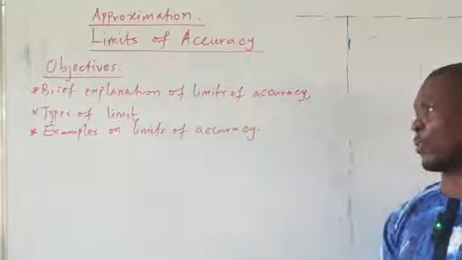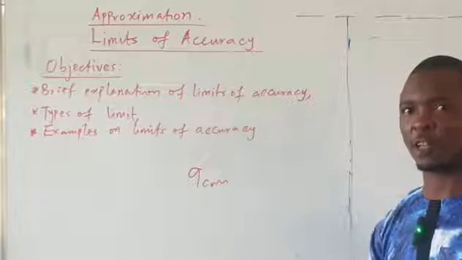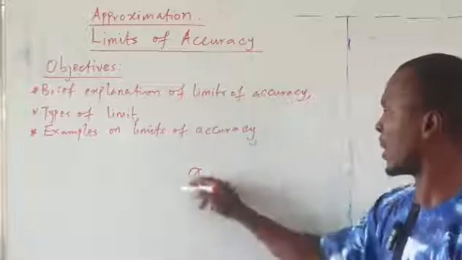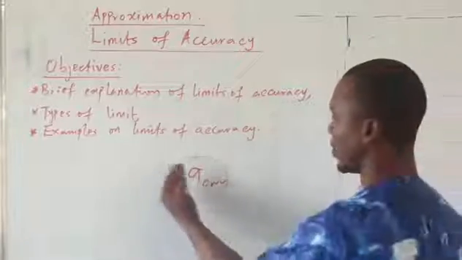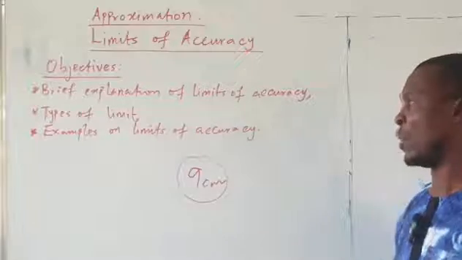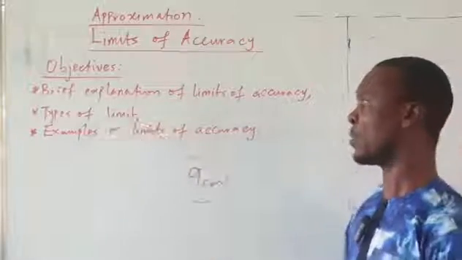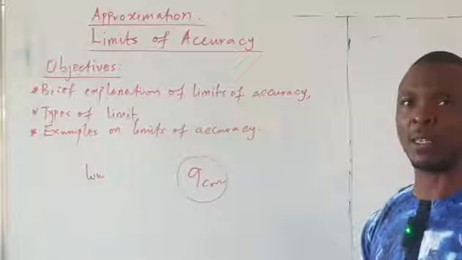As we know, if you are given 9 centimeter as a measurement of the length of a stick, this 9 centimeter is not the actual value. So we have the lower bound of the number, and we have the upper bound of the number. Under types of limit, we have lower limit and upper limit.